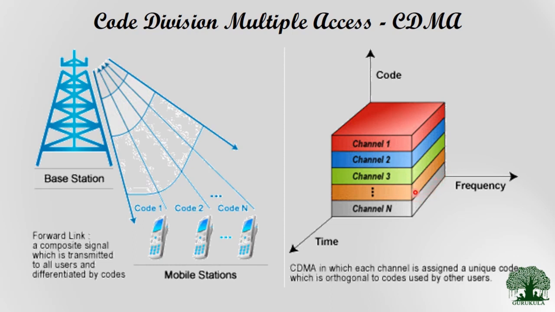Each and every user is differentiated with a code, so simultaneous transmission by all the users is possible. That is the key advantage of the CDMA technique compared to FDMA and TDMA. This basic principle is what we call code division multiple access, where each and every user is separated with a code instead of time and frequency.